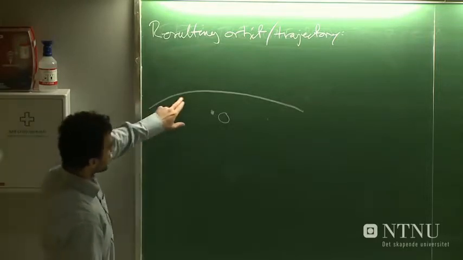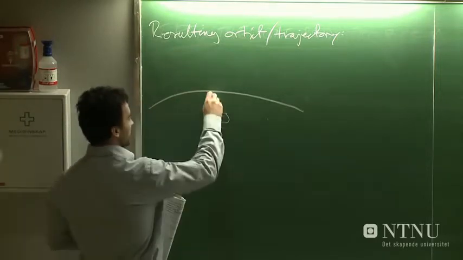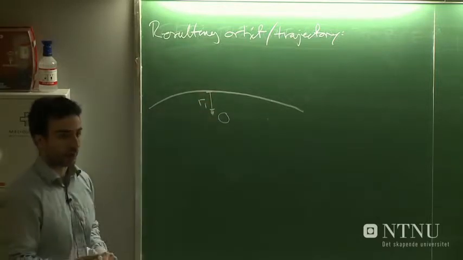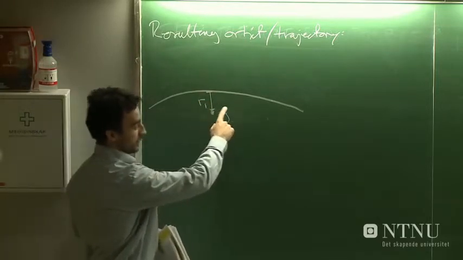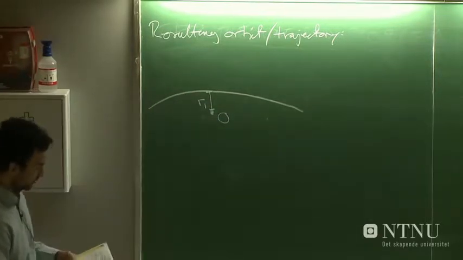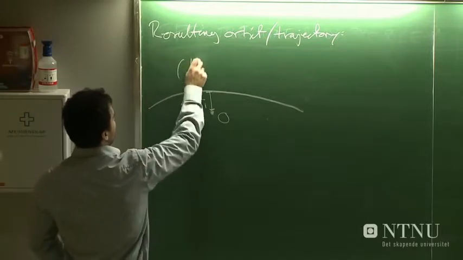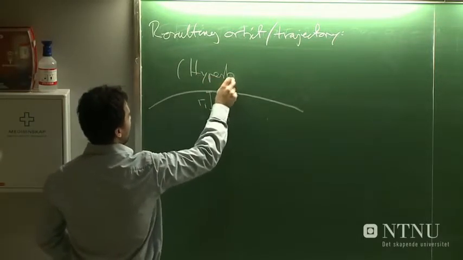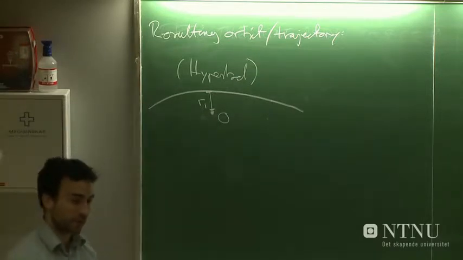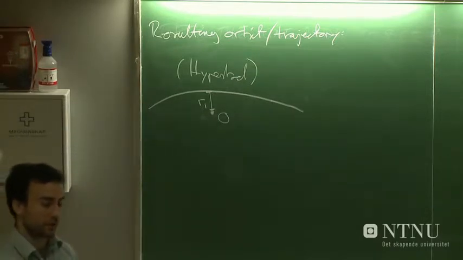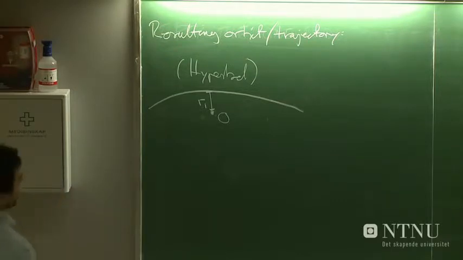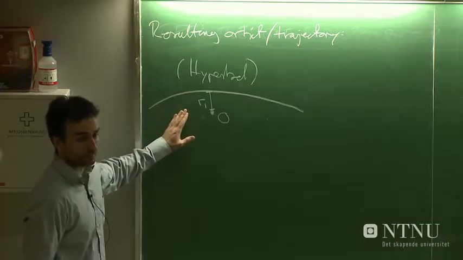It approaches the center and then cannot get any closer than R1 before it escapes and just continues. So something like this. And if we do the analysis more rigorously, in fact solve for R as a function of time, as we will do later, this trajectory would actually turn out to be a hyperbola.